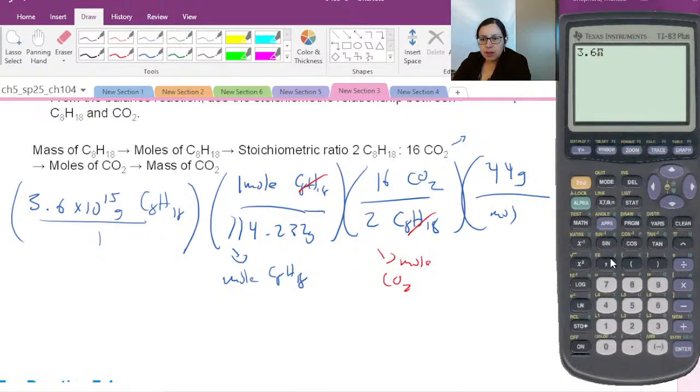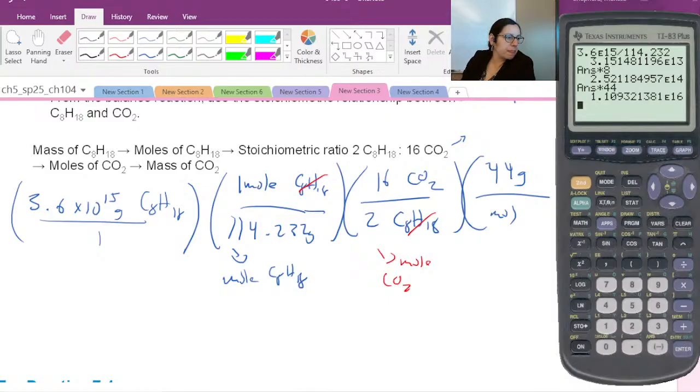So I'm just going to plug it in. So 3.6 times 10 to the 15 divided by my molecular weight times my 16 over 2. So I'm just going to multiply by 8. And then times 44. And so let's see. So did we get this for our mass?